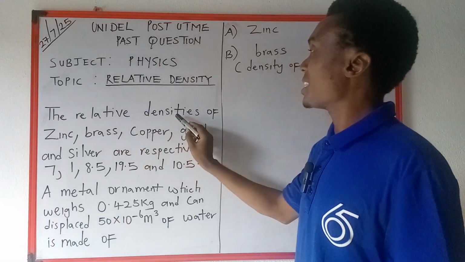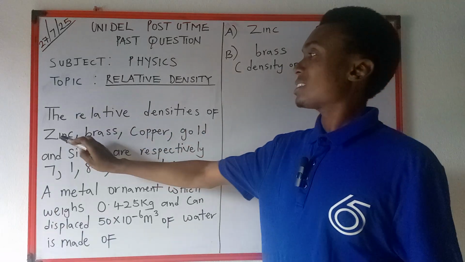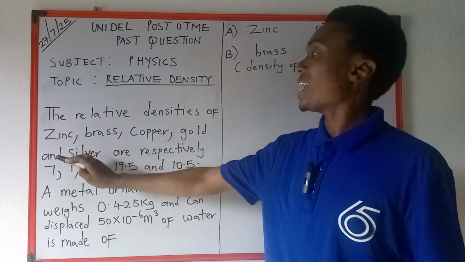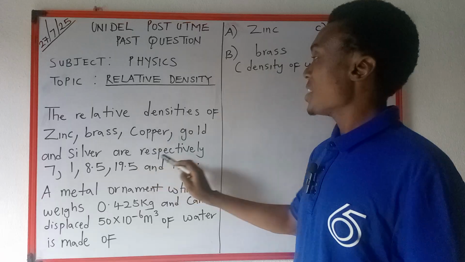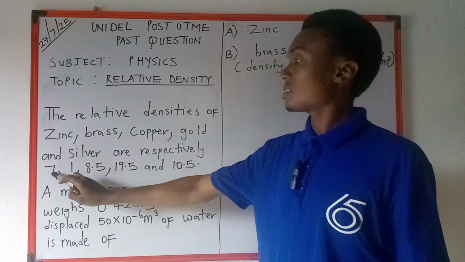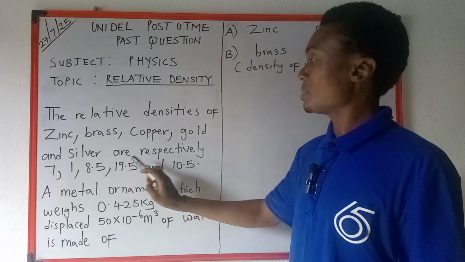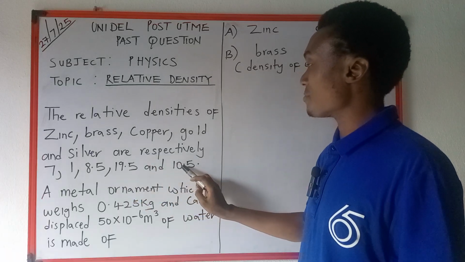The relative densities of zinc, brass, copper, gold, and silver are respectively 7, 1, 8.5, 19.5, and 10.5.